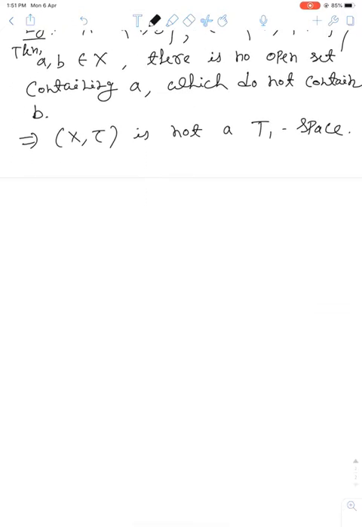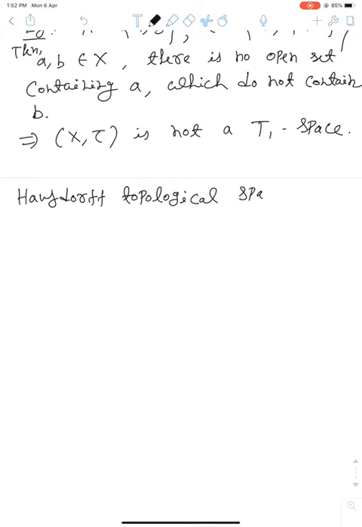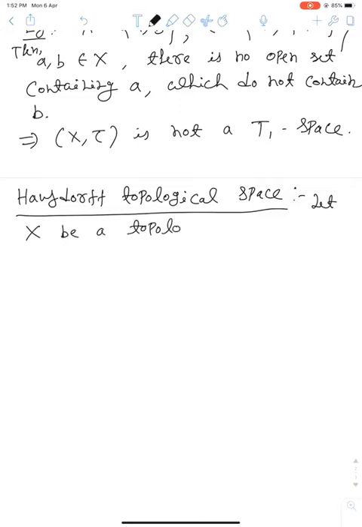That is called the Hausdorff topological space. You already know the definition of this, right? Let X be a topological space, meaning X with a topology tau, though here I am excluding that term.